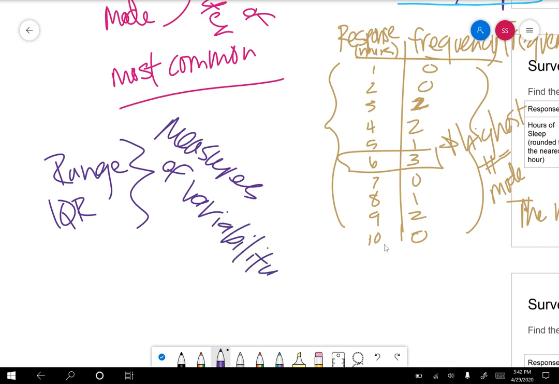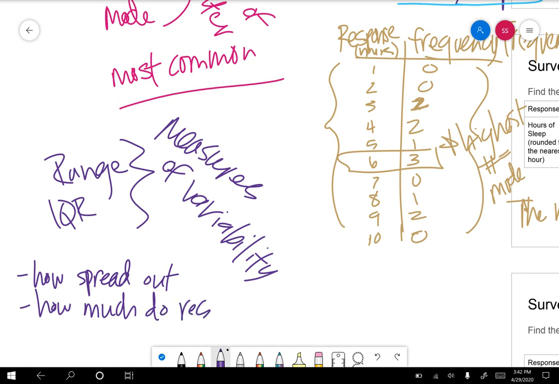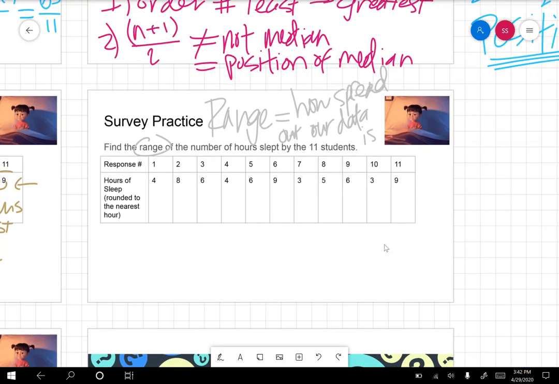Now, what I mean by that is it tells us how spread out the data is, or how much do responses vary. Okay, variable, vary, right?